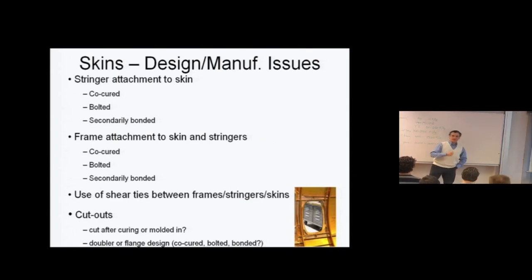It's not as strong as a regular adhesive, so I'm going to put some adhesive in between the stringer and the skin. The frames attaching to skins and stringers, the same kind of story. Then cutouts.